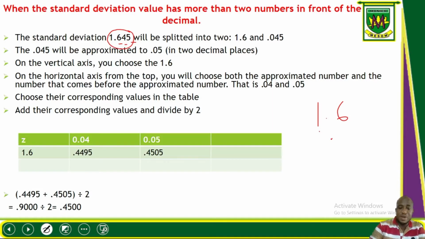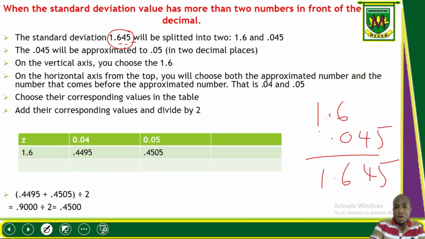Since the decimal places are more than 1, in splitting it we have to start with 0 in front of whatever values we take after the 1.6. If we add 1.6 to 0.045, we get the same value. So don't forget the 0 in front of the 45.